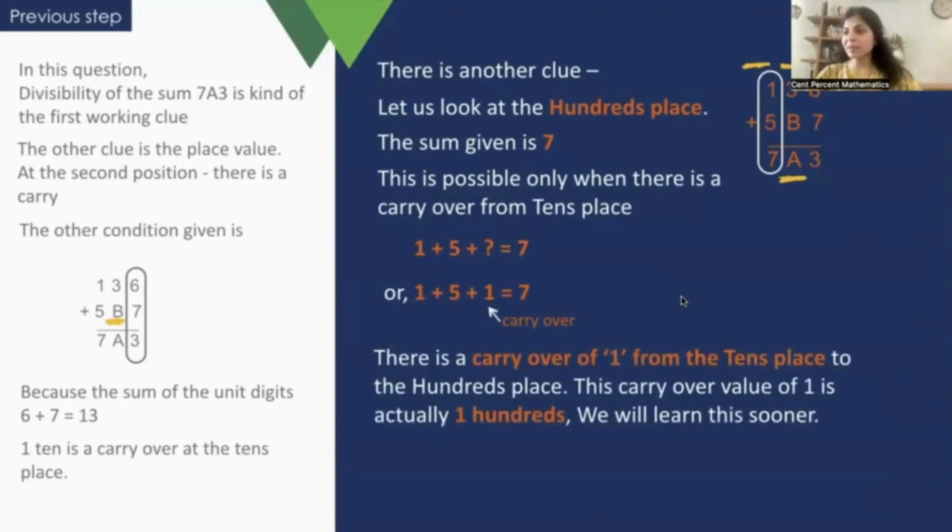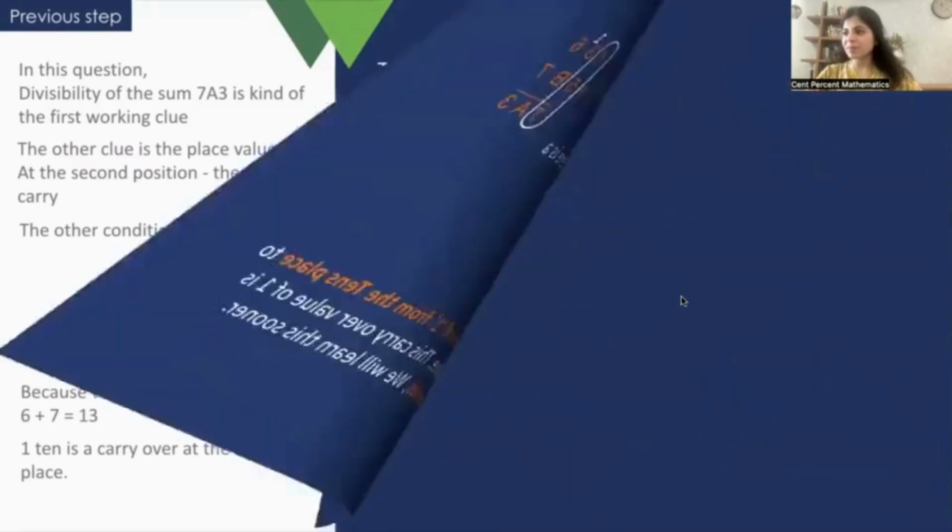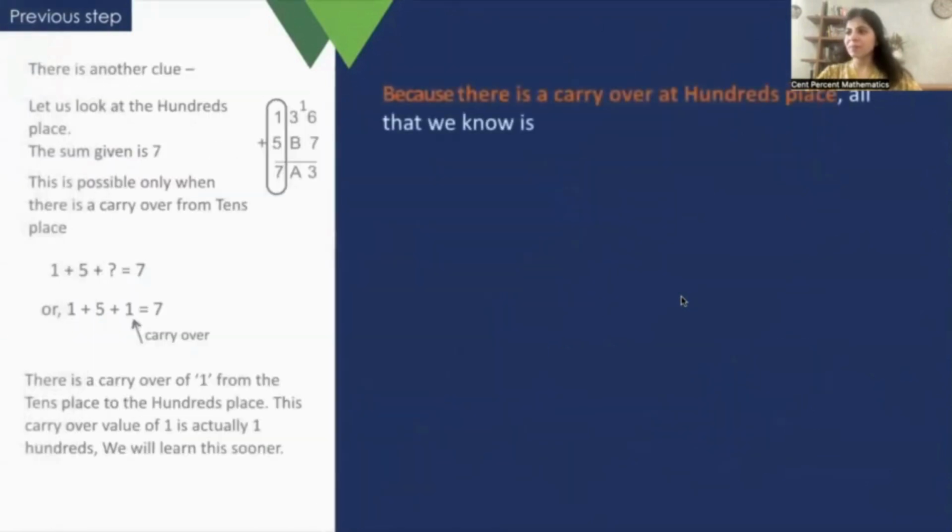Okay, further. Now, what do we know now? Since there is a carryover at the hundreds place, and that is from the tens place, yes, you all guessed it right, that when we add 1, 3, and B, we should have a number which is greater than or equal to 10.